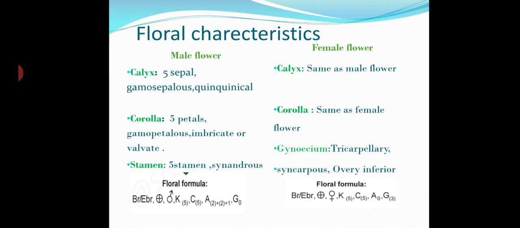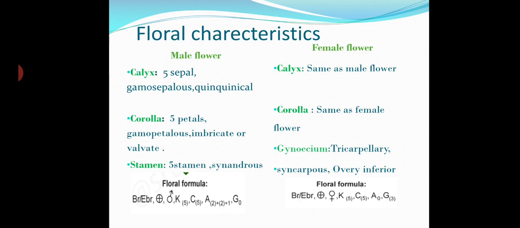In the case of calyx, there are 5 sepals. They are gamosepalous, means sepals are in fused condition or joined together. And the estivation is quinquennial estivation.